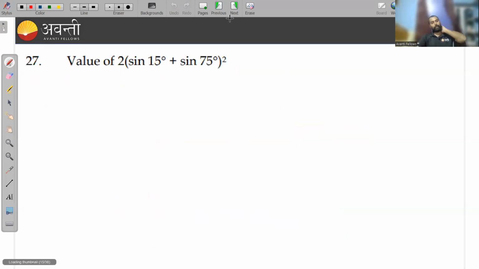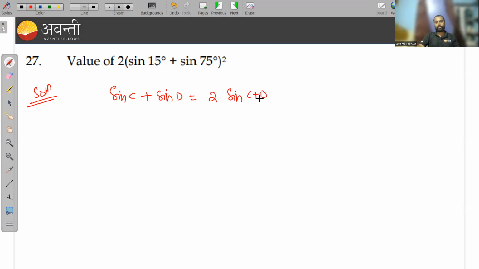Here we need to find the value of 2 into (sin 15 plus cos 15) whole square, right? So all of you know one formula: sin C plus sin D is 2 into sin of (C plus D) by 2 into cos of (C minus D) by 2. If we use this formula, we can solve this question very easily.